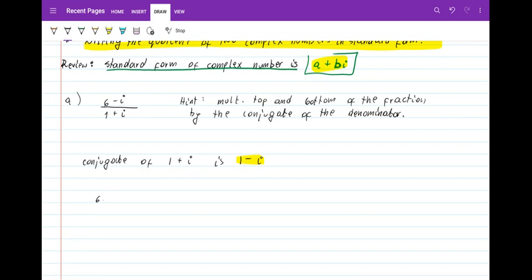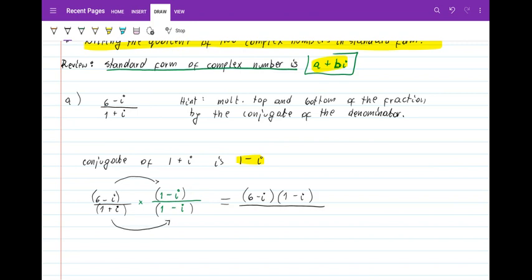So we have 6 minus i divided by 1 plus i. I'm going to multiply top and bottom of my fraction by 1 minus i, which is the conjugate of the denominator. Now you have a binomial multiplied by a binomial, which means a fraction multiplied by a fraction, multiplying numerators together: 6 minus i times 1 minus i, and multiplying denominators together: 1 plus i times 1 minus i.